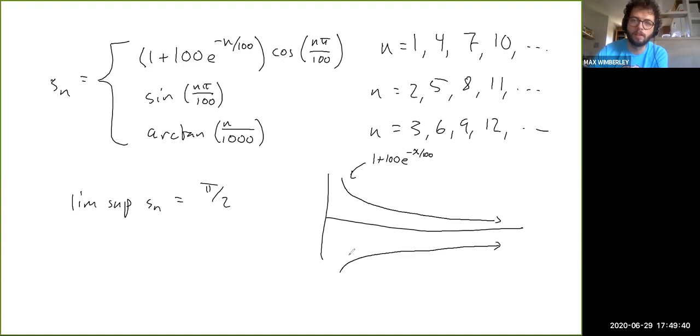So the first thing here is oscillating between these two curves, approaching 1 and -1, because this 100 e to the minus n over 100 ends up going towards 0. So the amplitude of the wave approaches 1 from outside. This wave oscillates with big amplitude here, then gets smaller and smaller, but it's approaching amplitude 1. So the lim sup of this thing on its own would be 1, right?